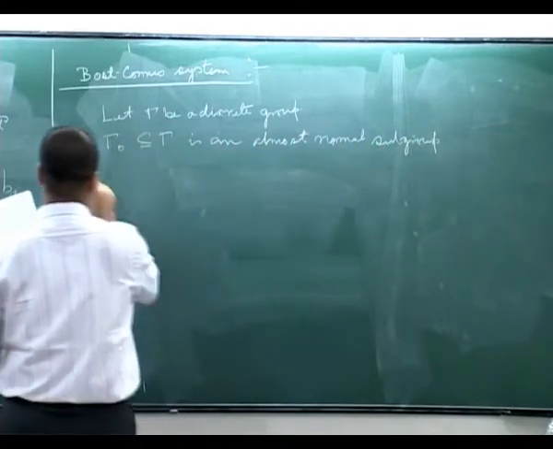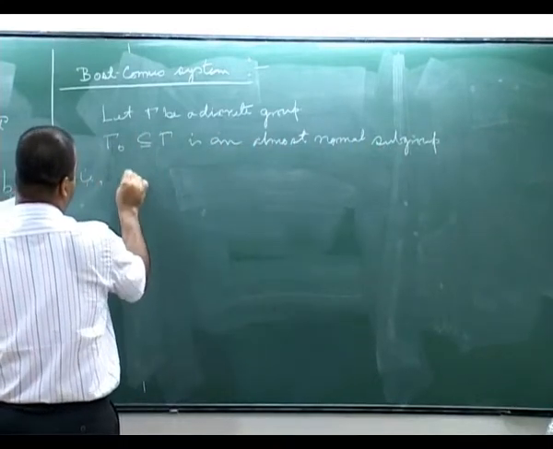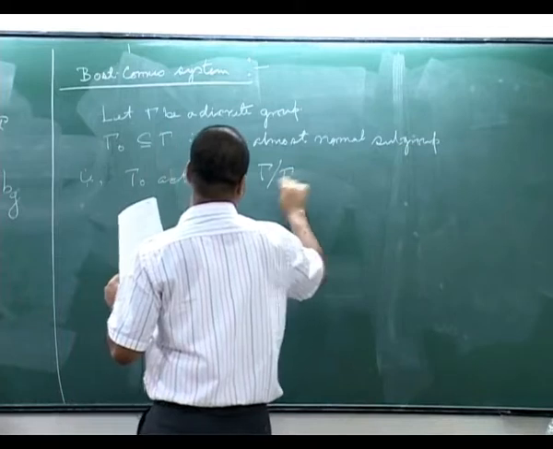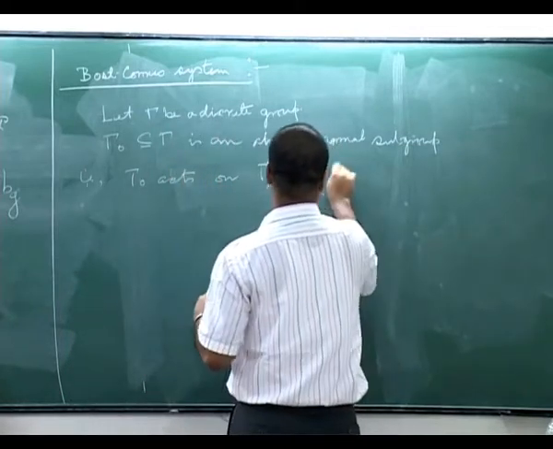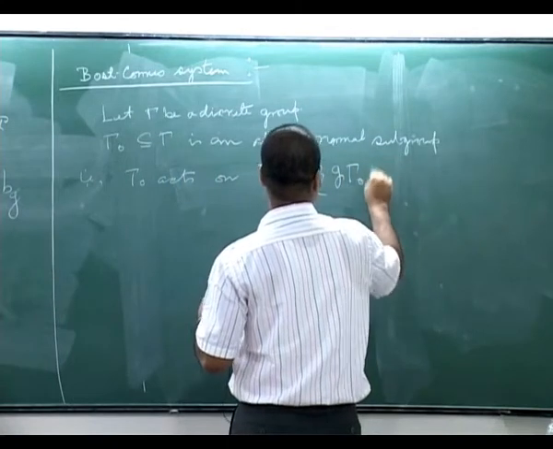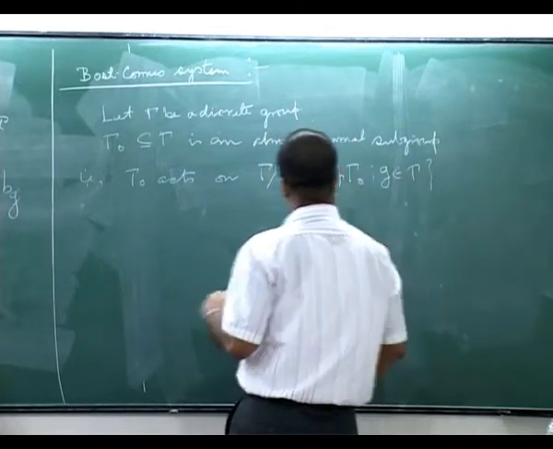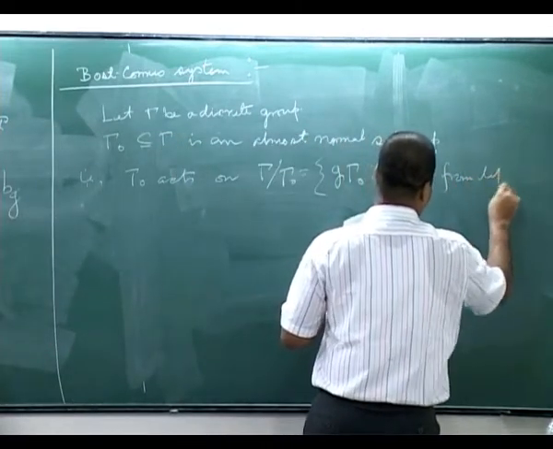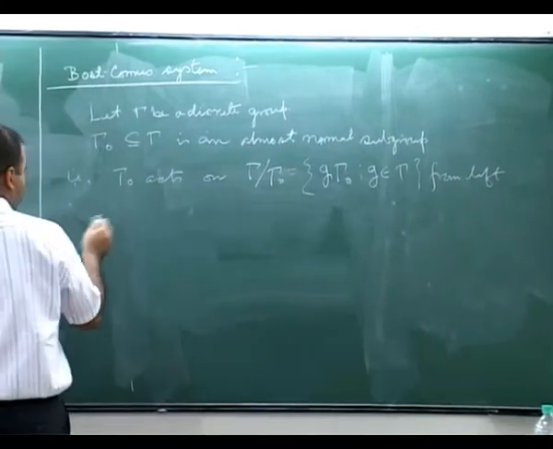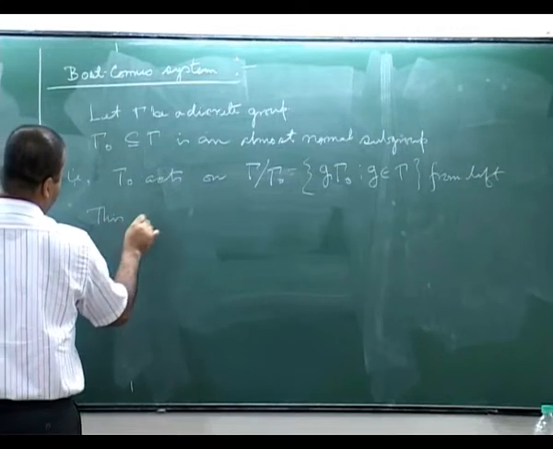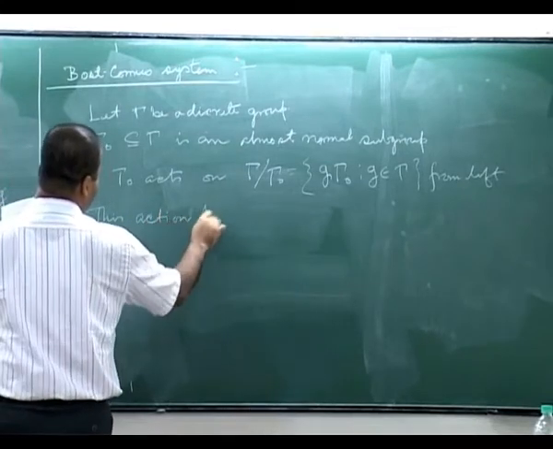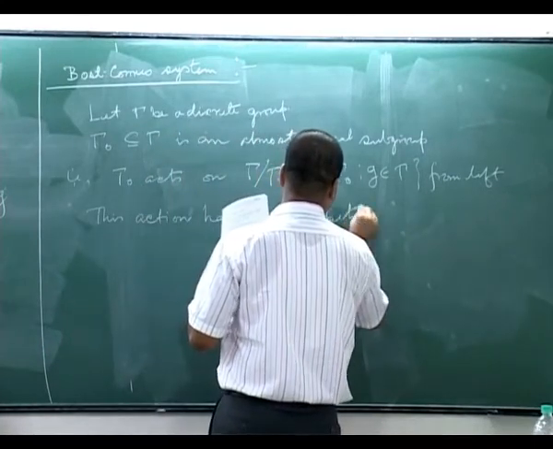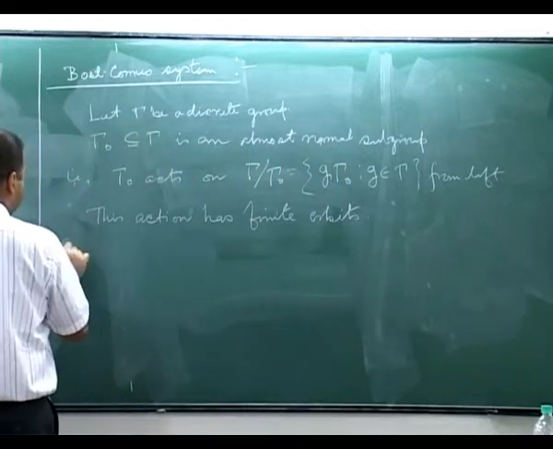Almost normal means the following: gamma naught acts on this space of cosets from the left, and this action has finite orbits, and you verify it as an exercise.